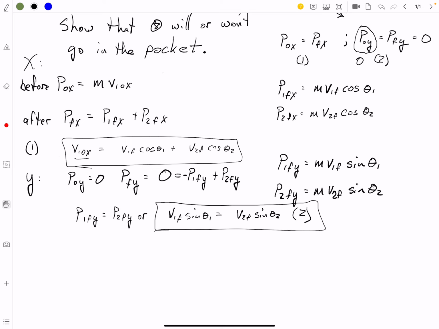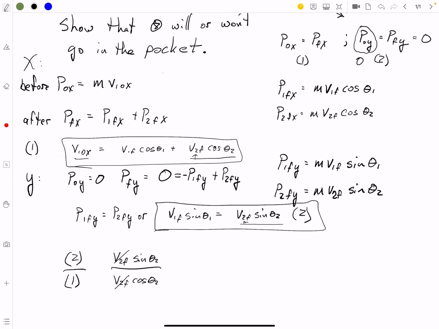But if you notice, we've got the cosine of theta 2 there, and we've got the sine of theta 2 there, and they're both multiplied by the same thing. So we can then say, if we divide 2 over 1, we're going to have v2 final sine of theta 2 over v2 final cosine of theta 2. I think you guys know where we're going with this.